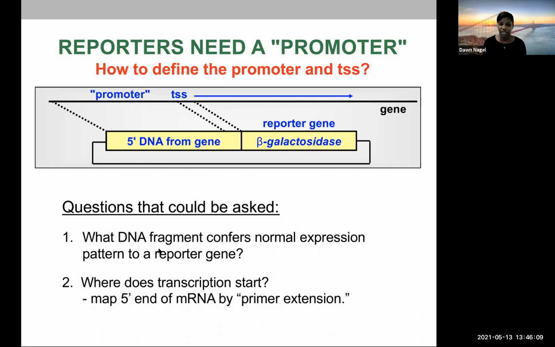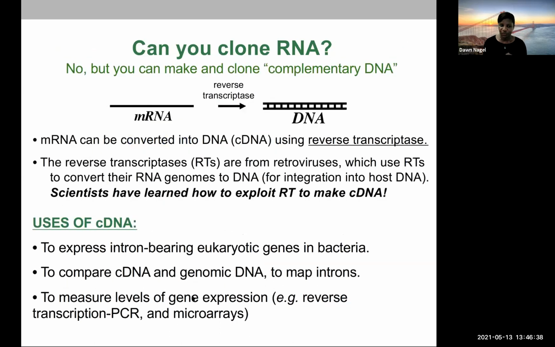So it really helps you to tell what is the minimal region within your promoter that you need to get your gene expressed in the proper way. And it can also help you to map where is the end of your mRNA, where's the most 5' end of your mRNA, because you can see where your actual 5' untranslated region is in that mRNA. So it's very useful in that way.